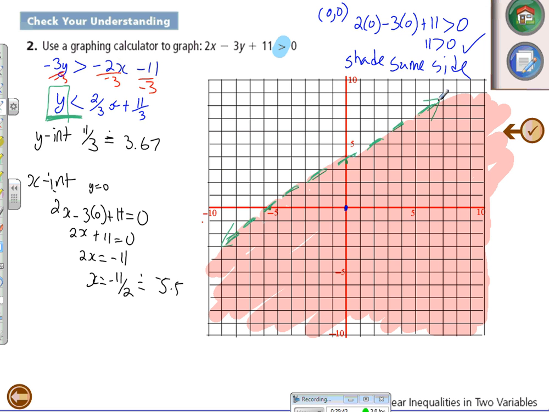Label the line. The line is y equals 2/3 x plus 11/3. You can label it that way if you want, or you could label it as the original, with an equal sign, 2x minus 3y plus 11 equals 0. The line is always labeled as the equal. The shading is the inequality.